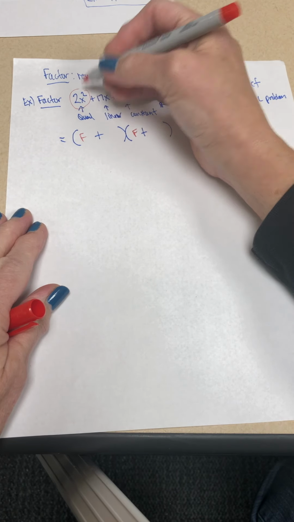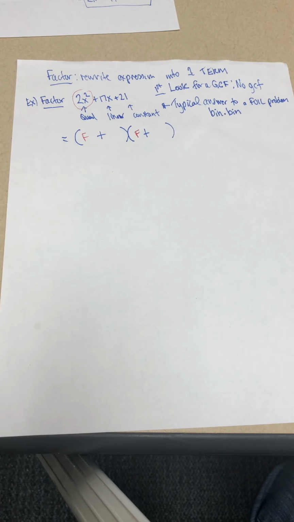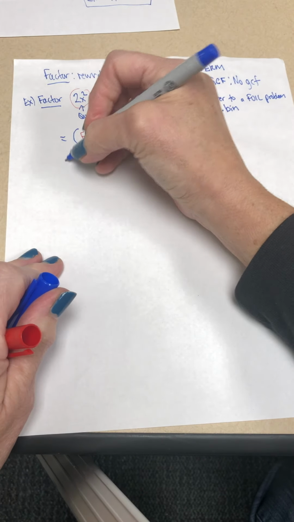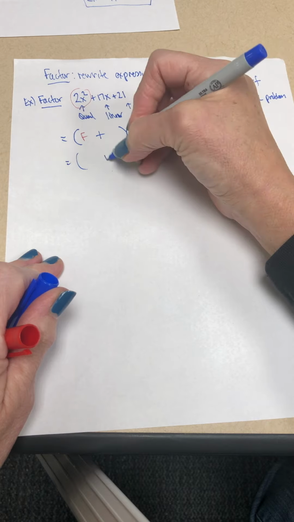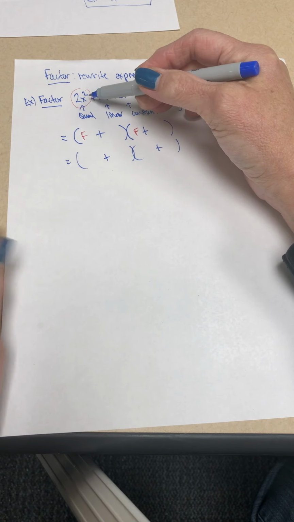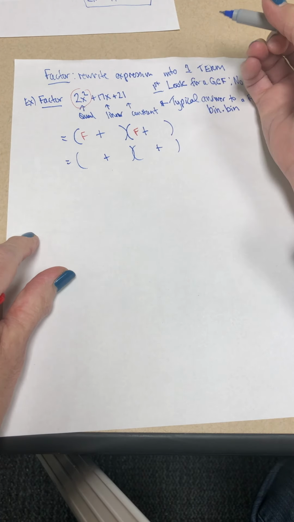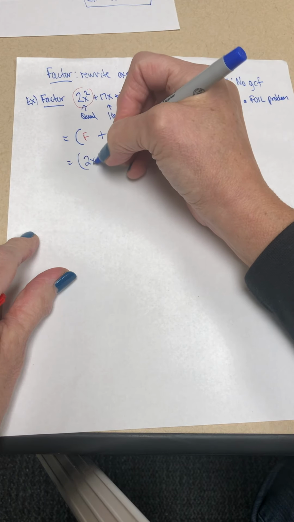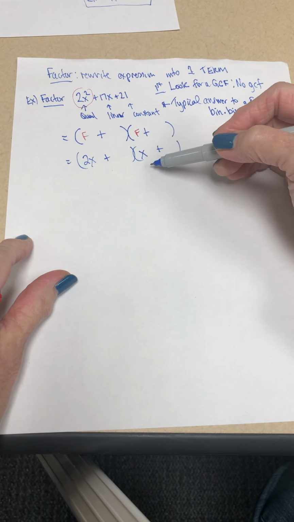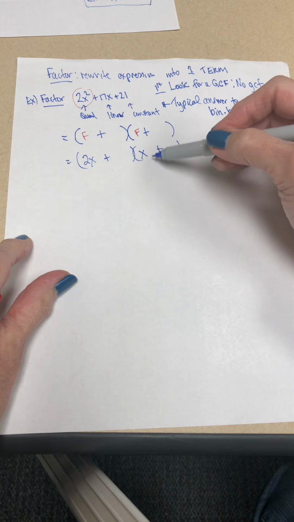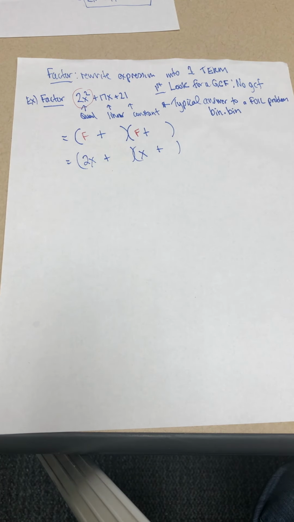That's how we get that term. Whatever goes here and here has to be multiplied out to be 2x squared. There's no options. That has to be 2x and x. It won't matter if you write x and 2x, the multiplication is commutative. All right, so I got it going.